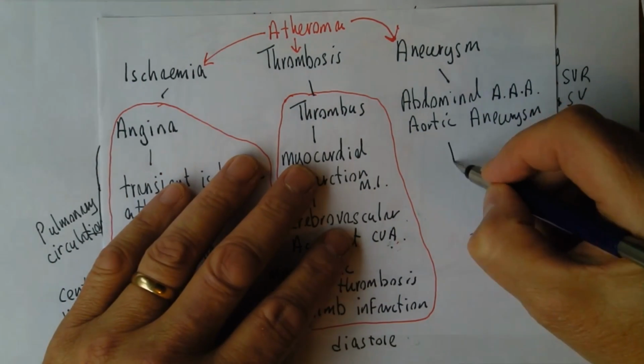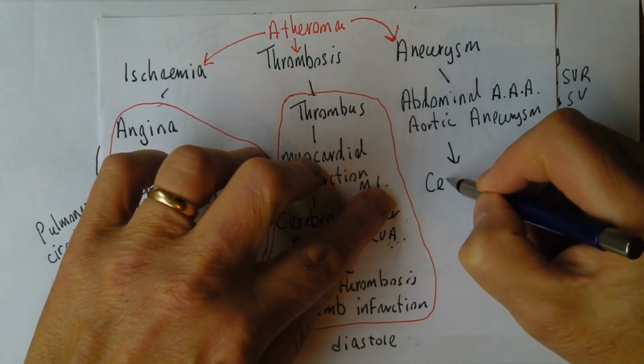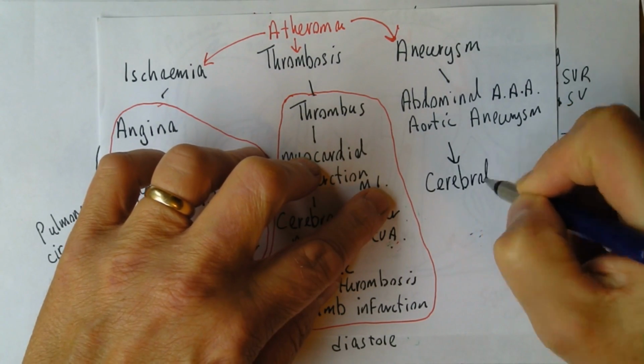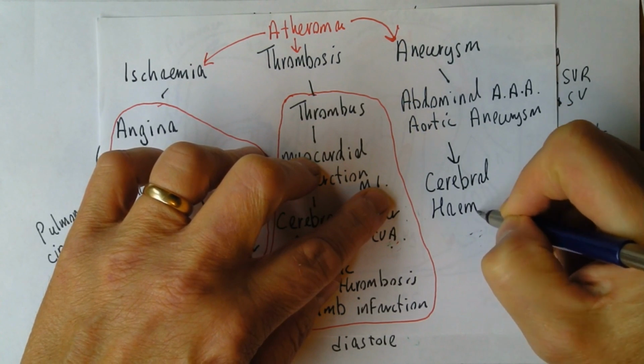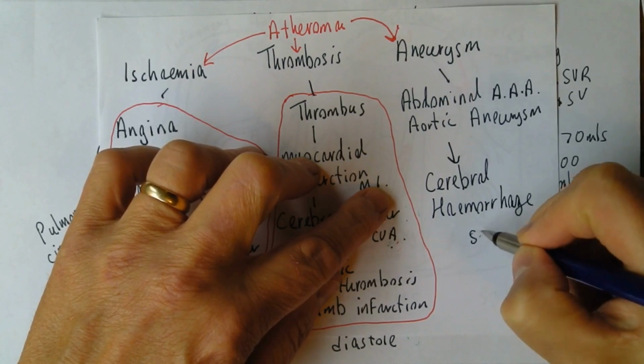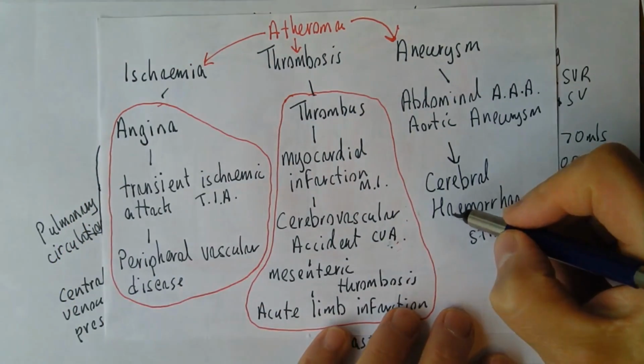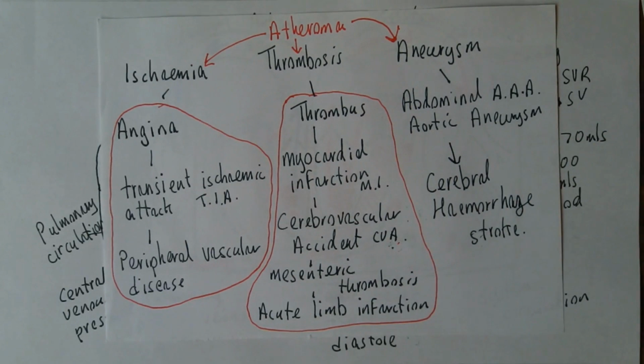An aneurysm can also cause a cerebral hemorrhage, causing stroke. Of course, if you're watching in the States, you don't have an A. In the UK, we have an A for hemorrhage.